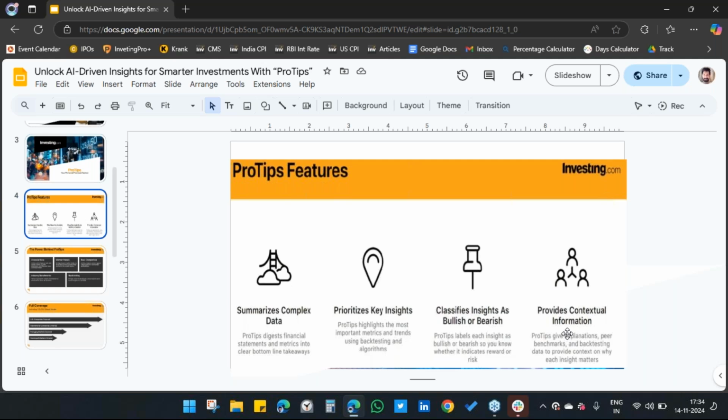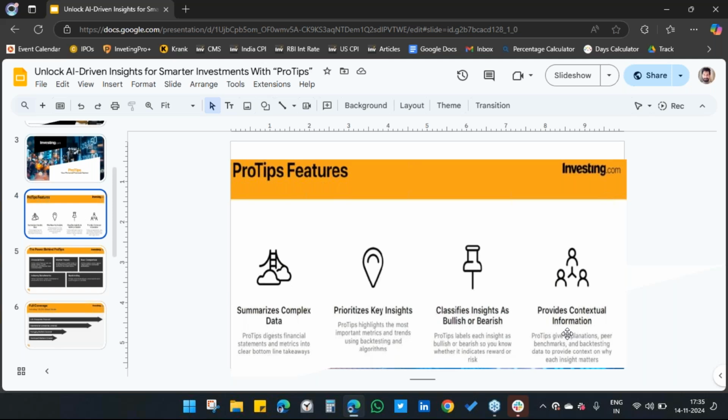Then it classifies insights based on bullish and bearish. This is very important. Sometimes, if you do not know much about the financial data or the metrics, how would you get to know whether this information is good for the stock or bad for the stock? Again, you don't need to worry about it. ProTips automatically does it. Because it's AI, it automatically fetches that information and classifies it into three categories actually. One is bullish, one is bearish, and the other one is neutral.